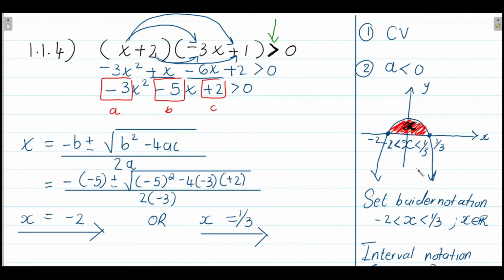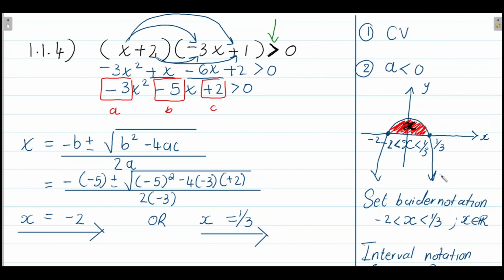And then from there we went and we're like, okay, now we need to determine where this function is actually greater than 0. Right, so we roughly drew a sketch of how this quadratic function is going to look. With this quadratic function, we see that our a is actually less than 0, and we know that if your a is less than 0, that means that your quadratic function is actually making a sad face like that.